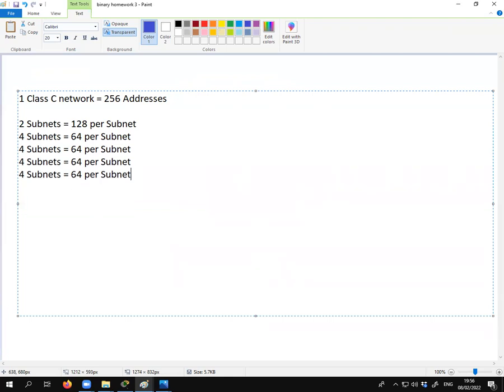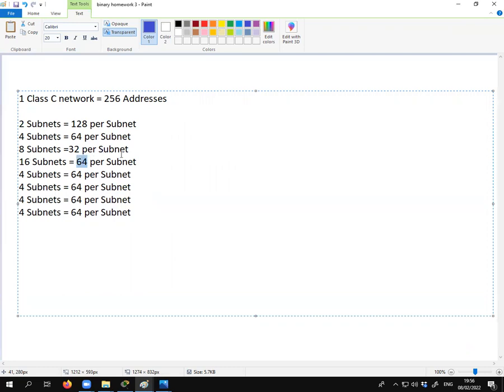I would recommend taking this down because it'd be very useful. So 4 subnets, 64 per subnet. 8 subnets, 32 per subnet. 16 subnets, 16 addresses. 32 subnets, 8 addresses per subnet.